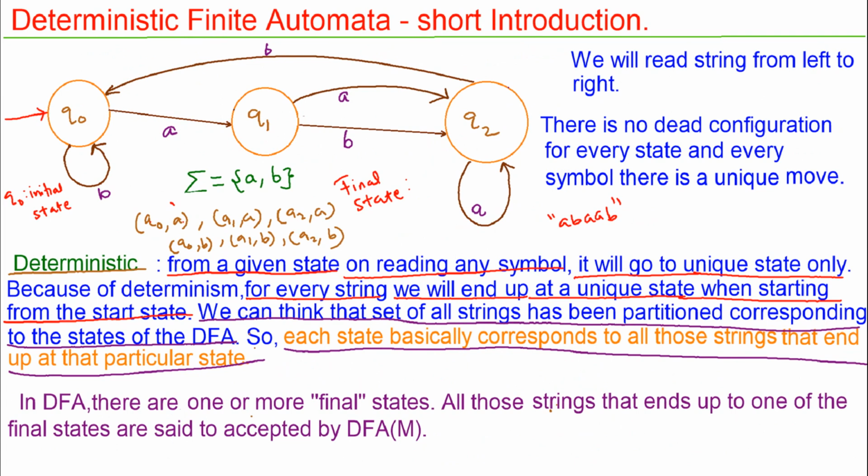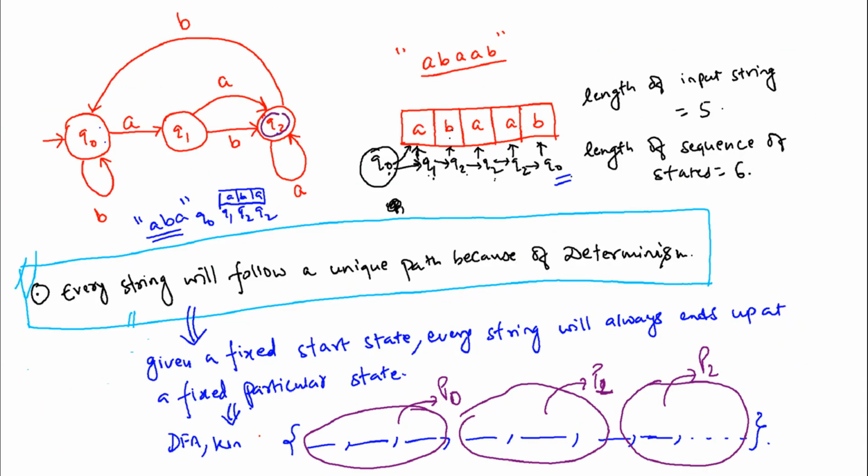In a DFA, there are one or more final states, and all those strings that end up in one of the final states are said to be accepted by the DFA. So if Q2, let's say, is the final state, then the strings under P2 will be accepted by the DFA.